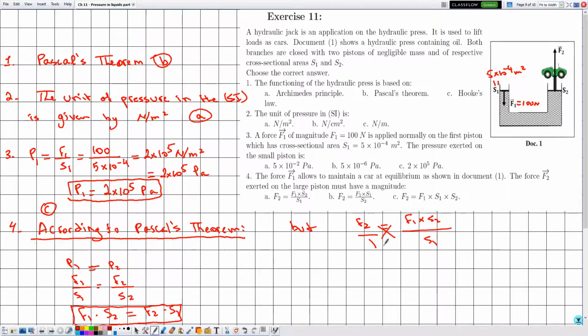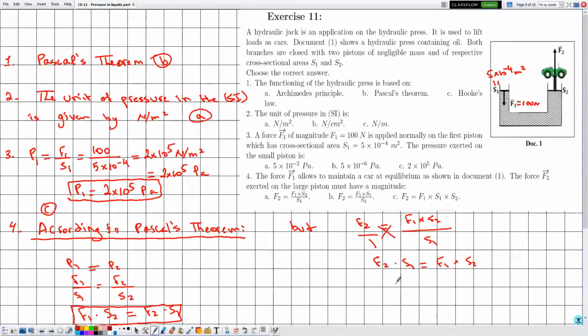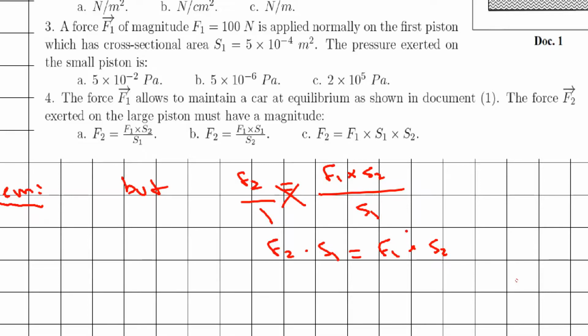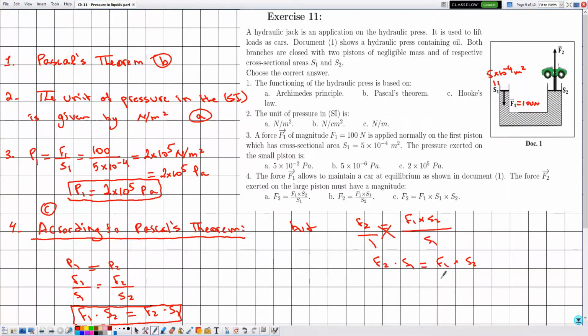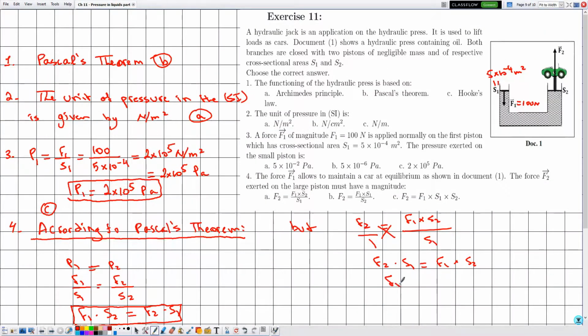So if we cross multiply, we have that F2 multiplied by S1 is equal to F1 multiplied by S2, and this can be written as, if we drag this to the left hand side and drag this to the right hand side, in other words, if we flip these expressions, F1 multiplied by S2 is equal to F2 multiplied by S1. Notice that these two expressions are in agreement, which means that the correct answer is A.